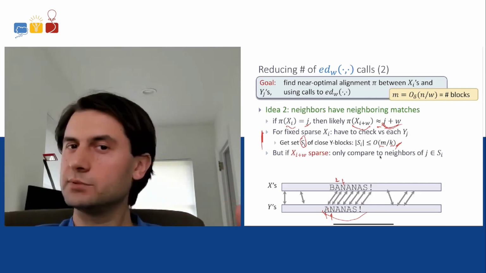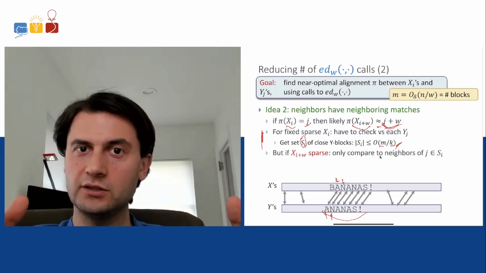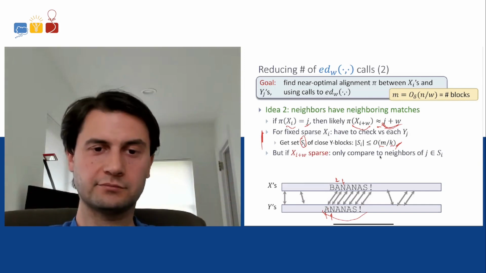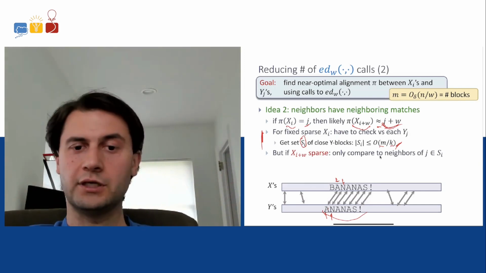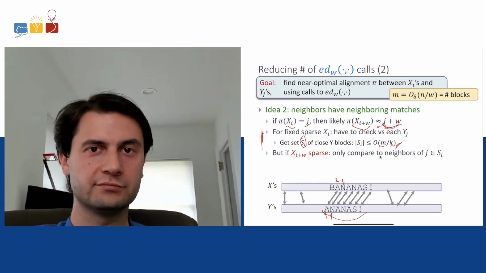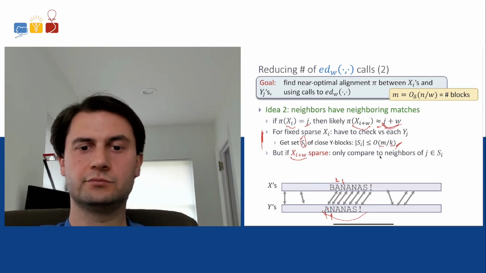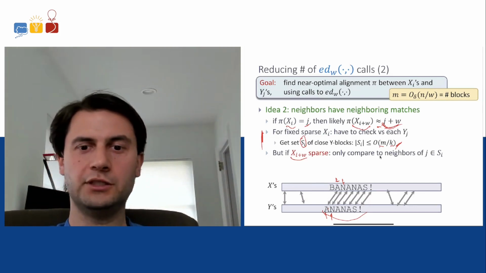So in a sense, one block does all the work, but then its neighbors can reuse that work. In particular, if you look at the next block, which is xi plus w, let's say this is sparse, and we need to find the match.